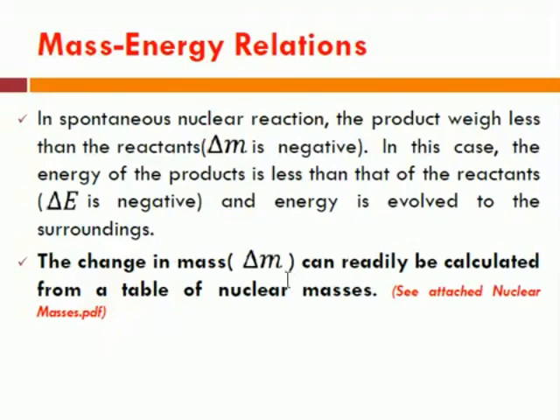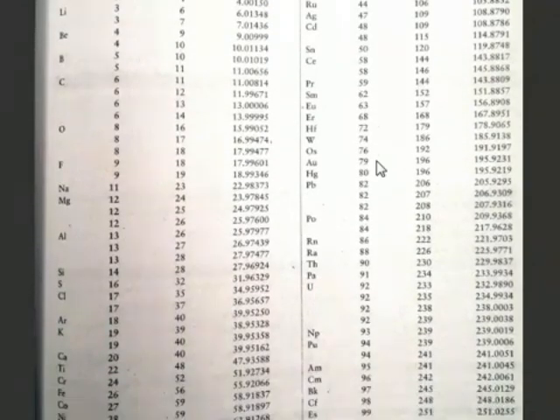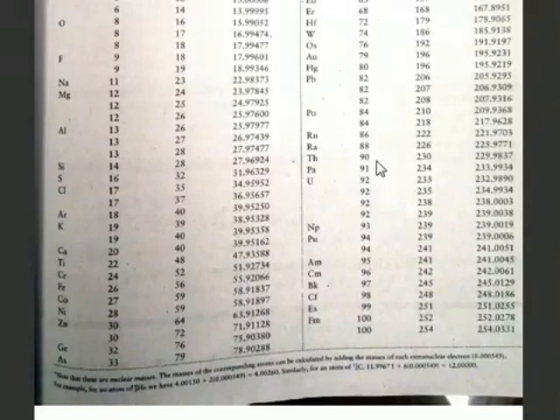The change in mass, or delta m, can readily be calculated from a table of nuclear masses. So you can see the file nuclear masses.pdf. This is an example of the nuclear masses table.